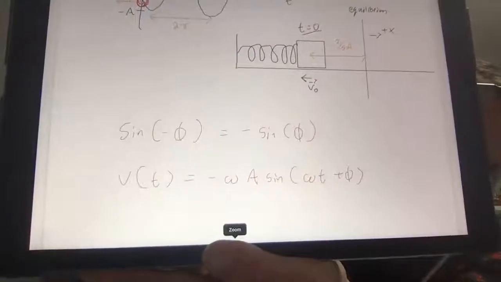Okay, but then the definition of velocity for an oscillator is negative omega A sine of omega t plus phi. Okay, there's the definition of the velocity. But here, t equals 0, so we don't need to worry about this part.